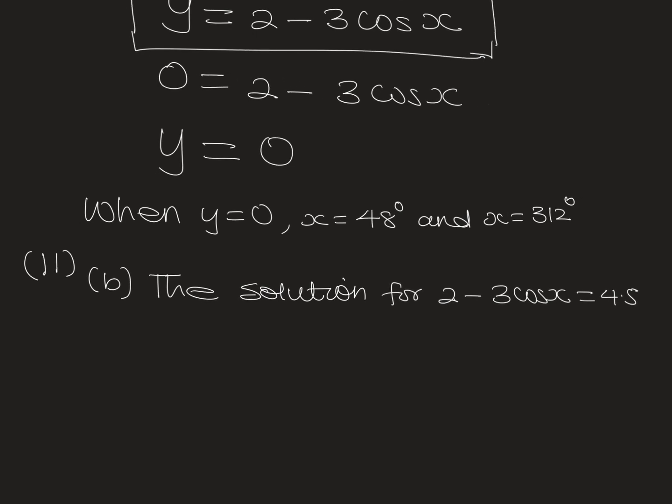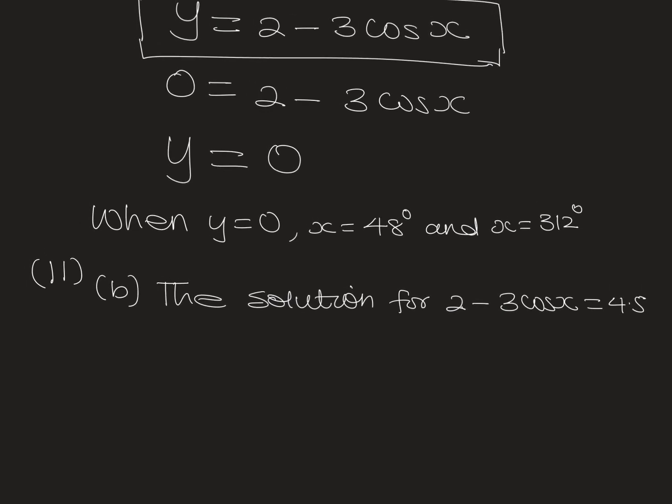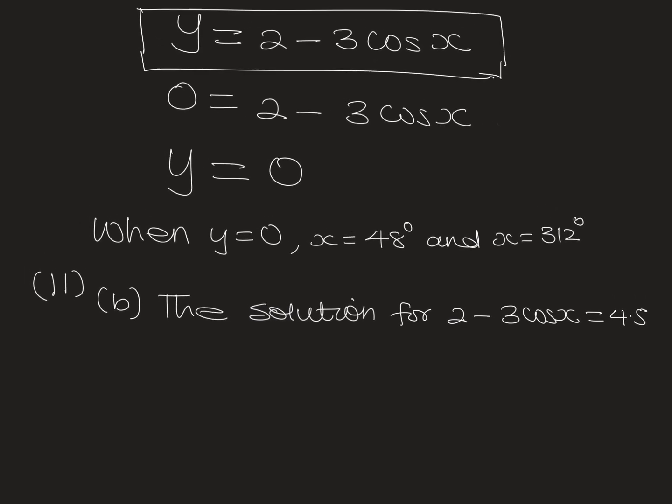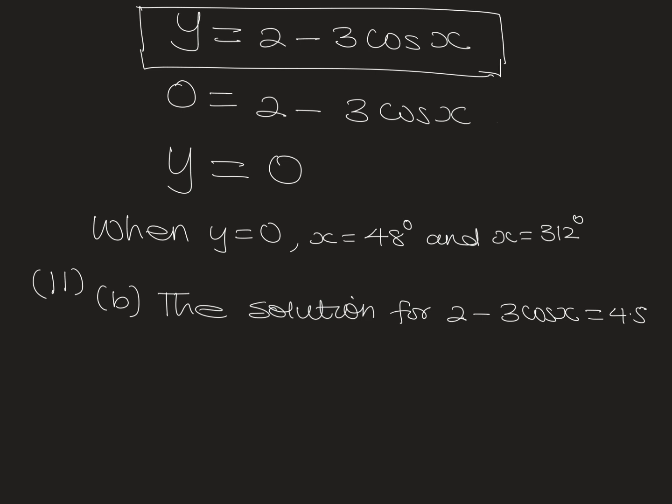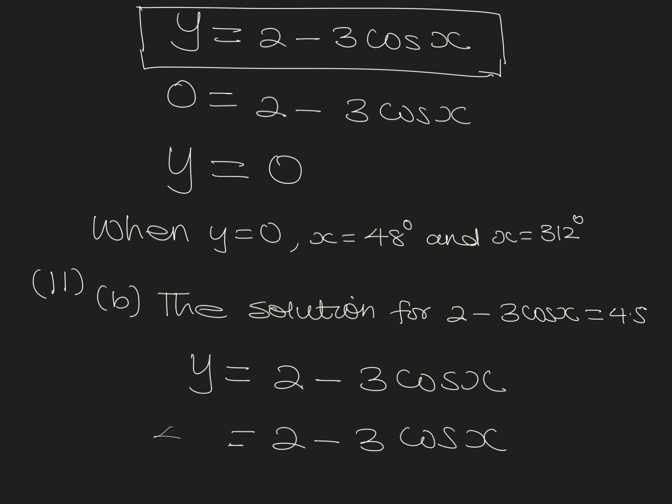What did we say earlier on? Whatever equation we are given, we have to compare it with the main equation. The main equation here is y is equal to 2 minus 3 cos x. So we will compare that with 2 minus 3 cos x is equal to 4.5.